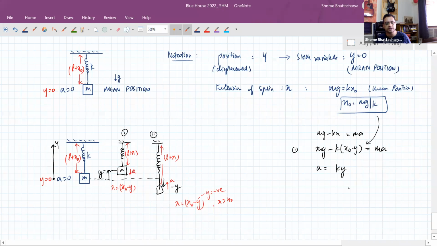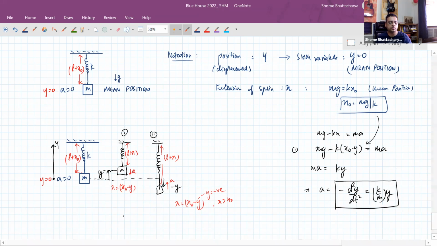So when you open this bracket, k x0 and mg cancel out, and a is opposite in direction, d2y by dt square. The same thing will apply for the second diagram also. We have kx minus mg is equal to ma. But y is a negative quantity.